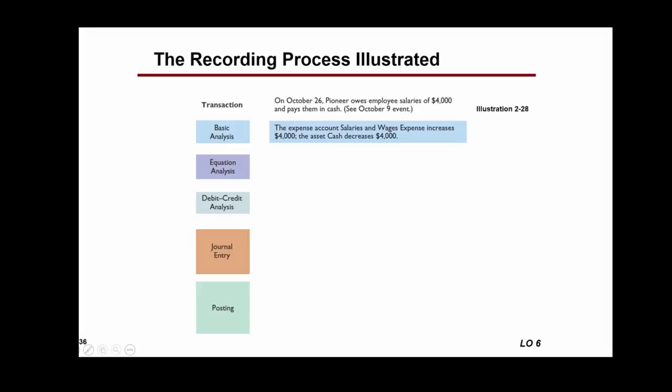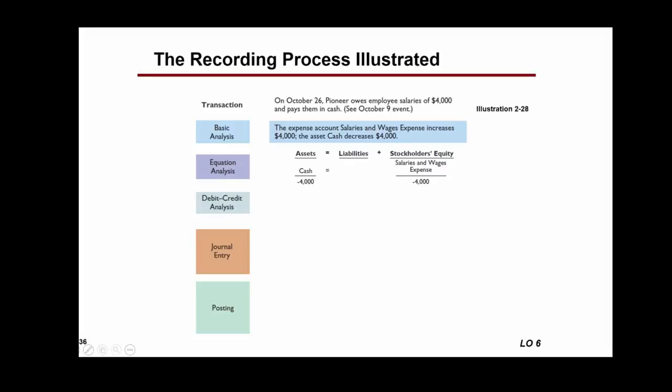So for now, here what we're saying is that the company pays their employees for their work in October, for those 2 weeks. They pay them in cash. So at this point, cash will decrease, of course, and the salaries and wages expense will increase by 4,000. Okay?